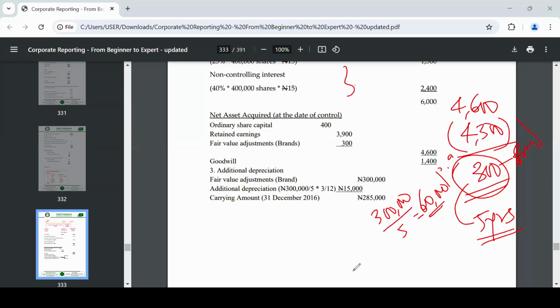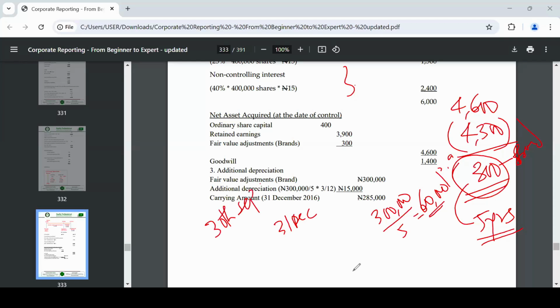But don't forget that I want to carry this brand into my consolidated statement of financial position. But my consolidation did not start from the beginning of the year. I am consolidating as at 31st December, but my consolidation should begin from 30th September.